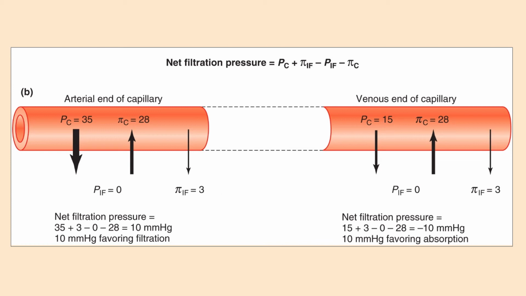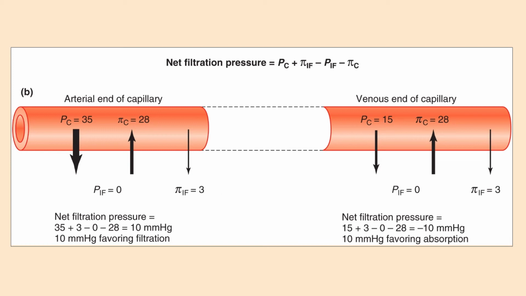As we move from the arterial end toward the venule end of a capillary, the concentration of proteins remains the same. Those proteins are stuck in the blood. And so the osmotic pressure in blood stays the same. In this example, it's 28 millimeters of mercury. And that's also true for the osmotic pressure of the proteins in interstitial fluid. So pi IF is 3. Those proteins are stuck in interstitial fluid. They can't go anywhere either.